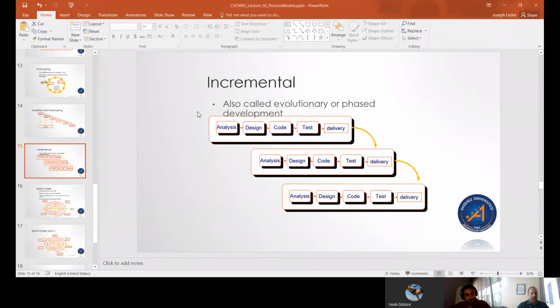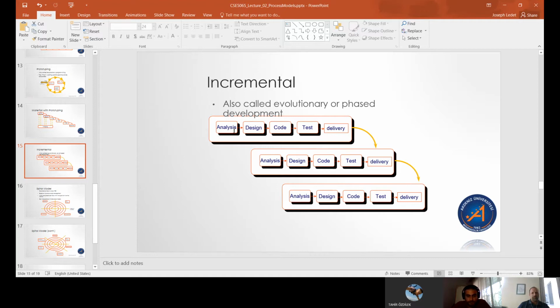So the reason why I asked about the computer architecture is if you know the idea of an instruction pipeline in computer architecture, this may remind you of that. So the idea of this incremental model, it's kind of like a waterfall, but we divide the tasks into phases.